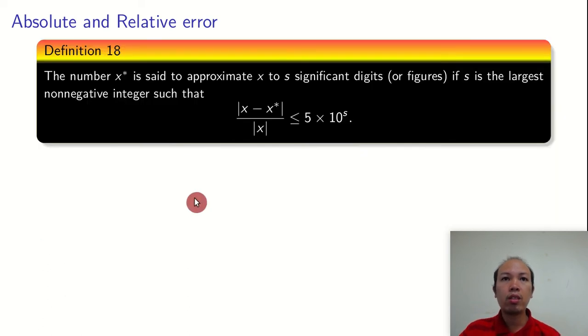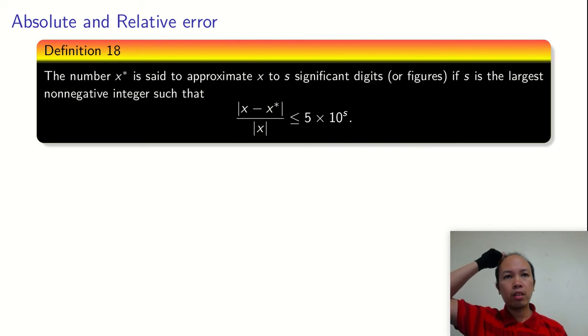So let's go now to definition 18. This is the definition of the significant digits: how to approximate your x star using s significant digits.